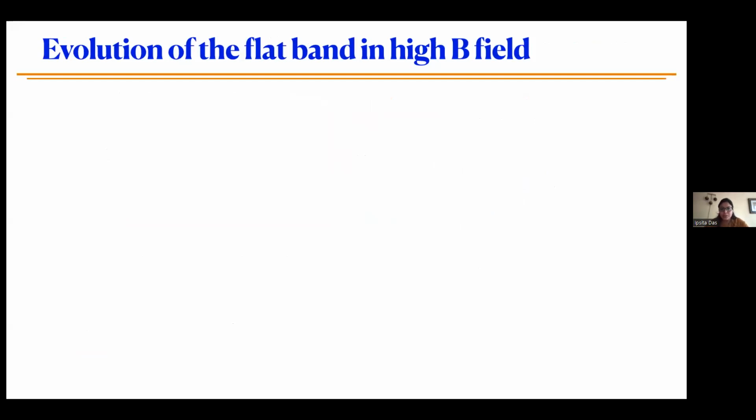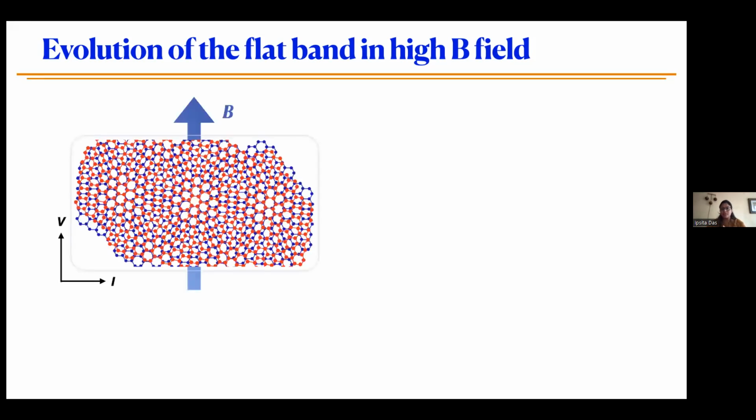So here I'll change a little bit. This was all up to 8 Tesla, the lower magnetic field. But what happens if you keep on increasing the magnetic field? When we apply a magnetic field in our two-dimensional electron gas, basically all of your electrons are rotating in a particular orbit called the cyclotron orbit.